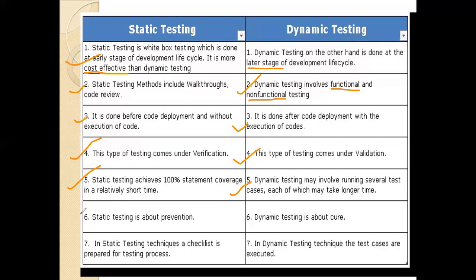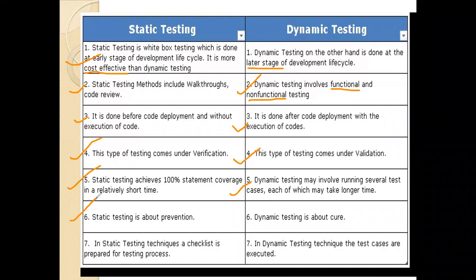Then static testing is about prevention. Prevention is what? You are not allowing your software to give wrong outputs while executing that particular software.